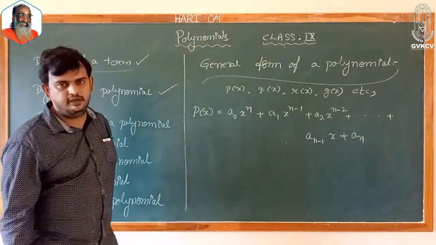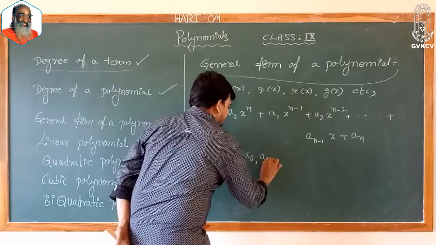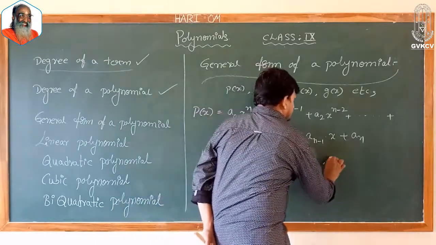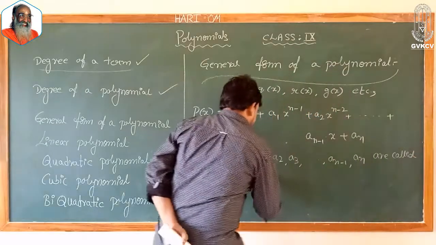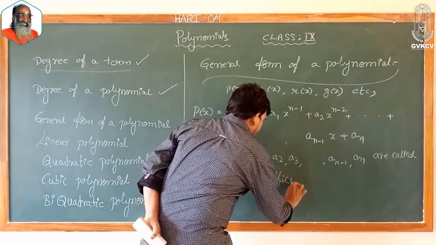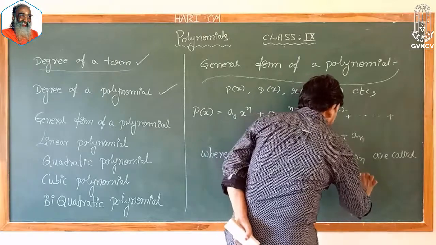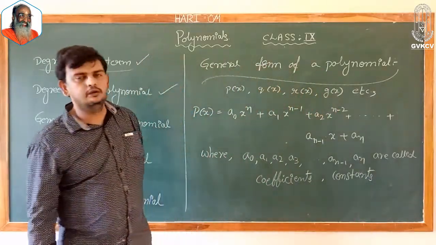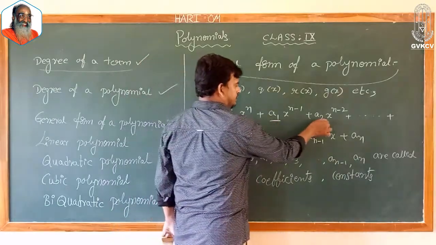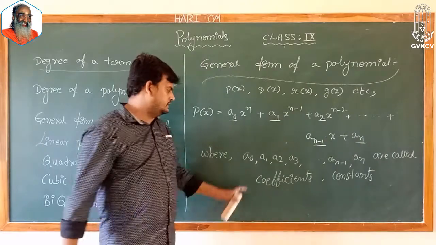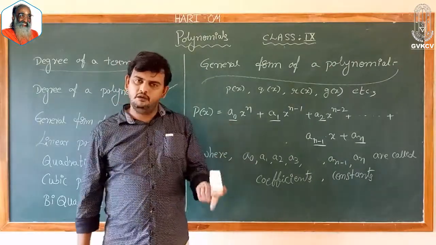This is the general form of a polynomial where a0, a1, a2, a3 and so on, a n minus 1, an are called coefficients, and they are nothing but constants. And x is the variable.